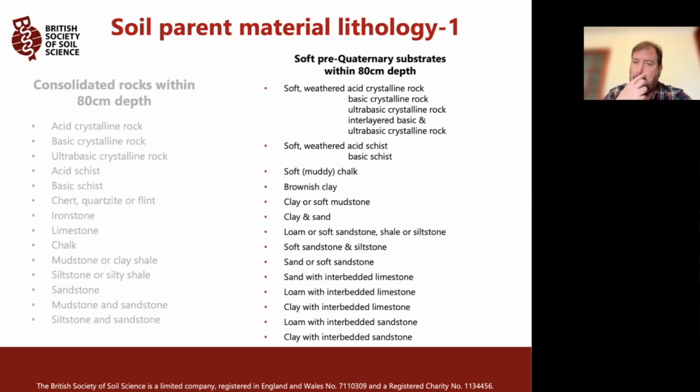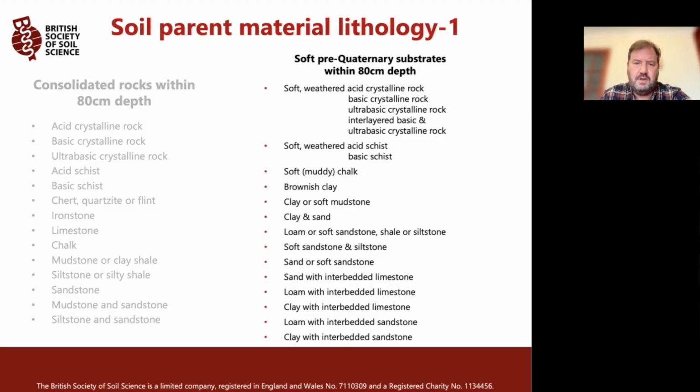We have also softer substrates at that sort of 80 centimeter depth. These are pre-quaternary substrates. So quaternary refers to the period that started about 2.58 million years ago, and pre-quaternary refers to all the geological materials and rock formations that formed before it.